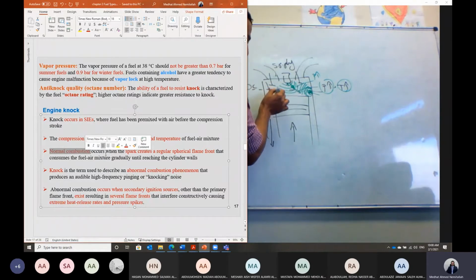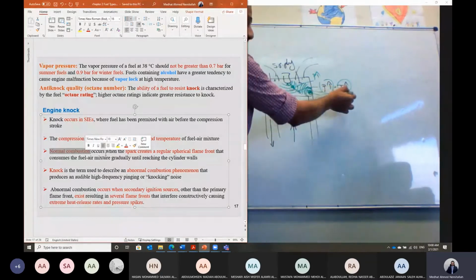If this continues, and before the flame initiated by the spark reaches the end gas here, the temperature gets higher than the self-ignition temperature, then another flame will be generated here, and a third pressure wave is initiated, and so on for different points inside the cylinder, usually very close to the wall of the cylinder.